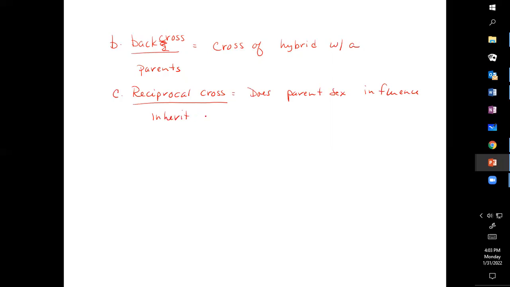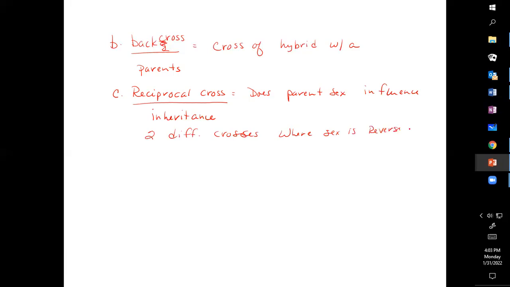And we'll look at circumstances where this does happen. So in a reciprocal cross, we use two different crosses where the sex is reversed in the second cross.